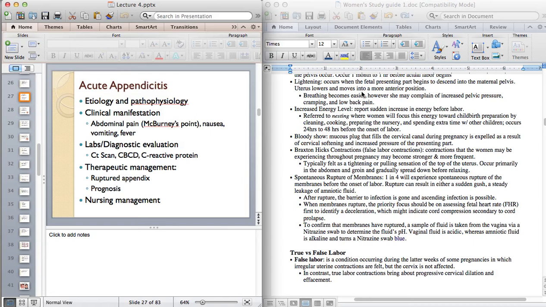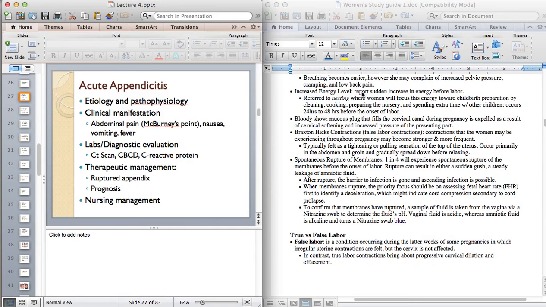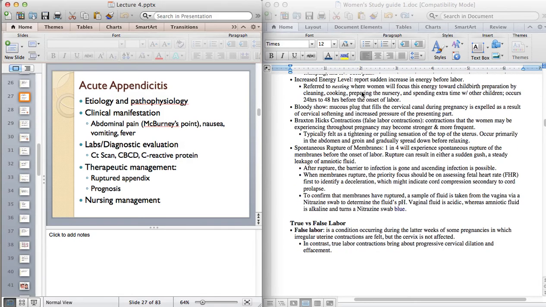Most of the time it's just at the center, at the umbilicus here, and then it will refer to the side. And that's called McBurney's point. That abdominal pain will be the first thing, and then it can be followed by nausea and vomiting. Like the patient we had yesterday, who had pain and vomiting.